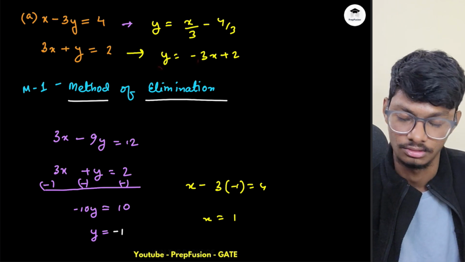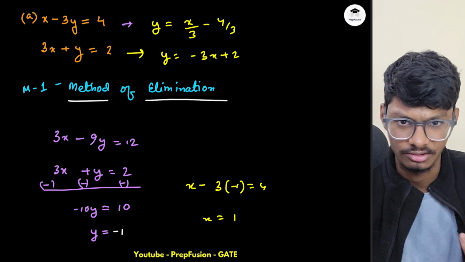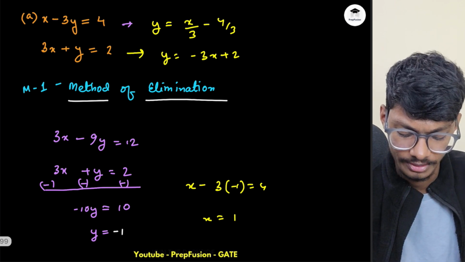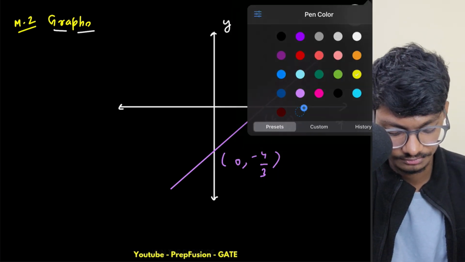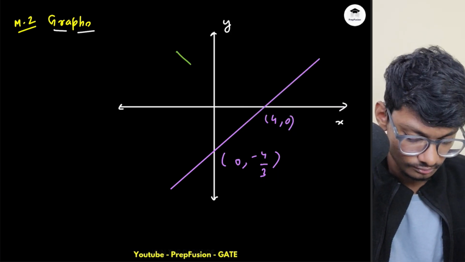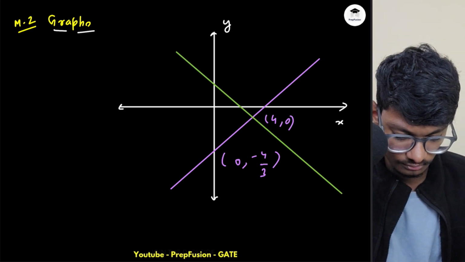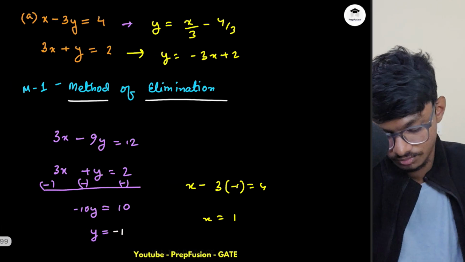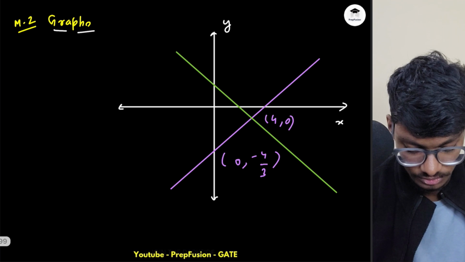Here the signs of the coefficients of x and y are different, hence the slope will be negative, or you can directly calculate the slope. So it will be something like this. Its slope is minus 3, the other slope is 1/3, so it should be something like this.